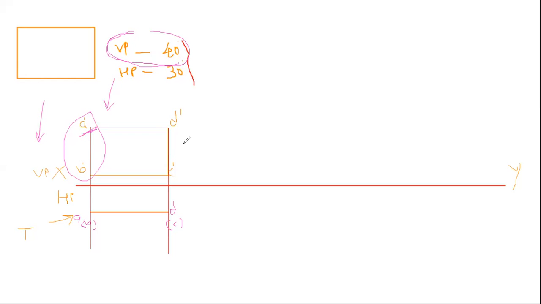If it is inclined with vertical plane, then... From side view, sir. Not side view, we are not asking about any side view. Right now, what I am asking, if this inclination with vertical plane I want to see, in which view I'll be able to see? Top view. Yes, correct.